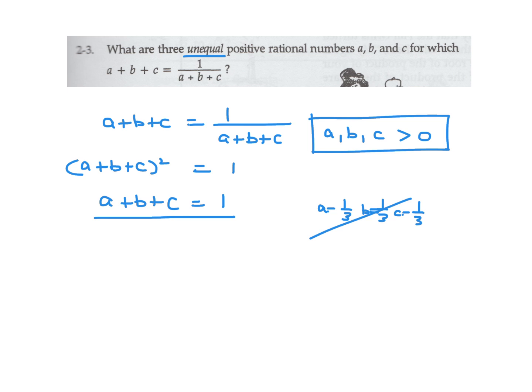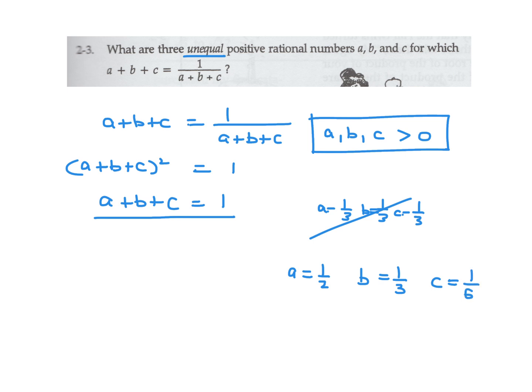And let's see here. So for example, if a is equal to a half, and b was equal to 1/3, and c was equal to 1 over 6, right?